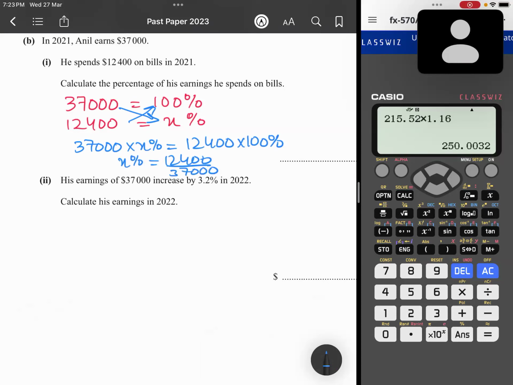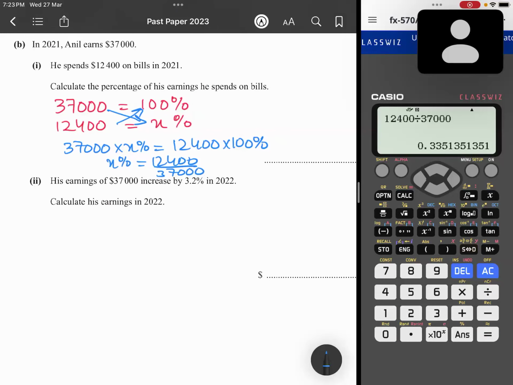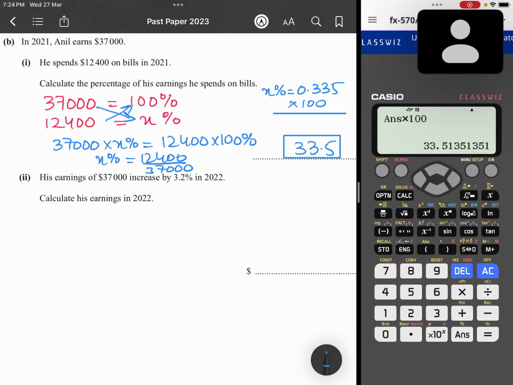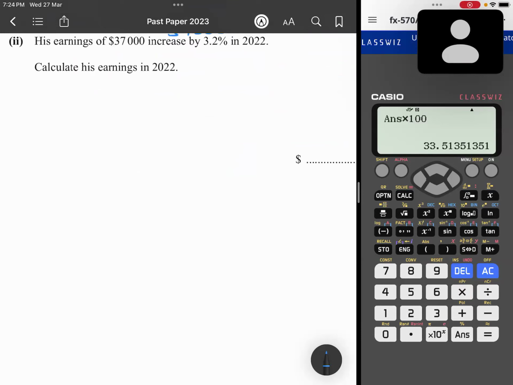The answer is 0.335. Now multiply by 100 to get the answer in percentage. 0.335 multiplied by 100 is equal to 33.5%. That is the answer.